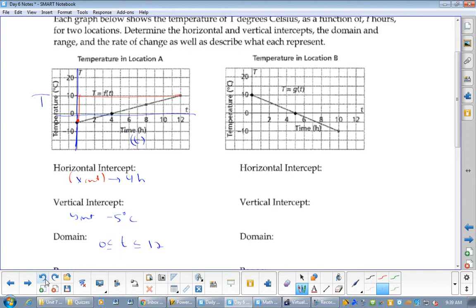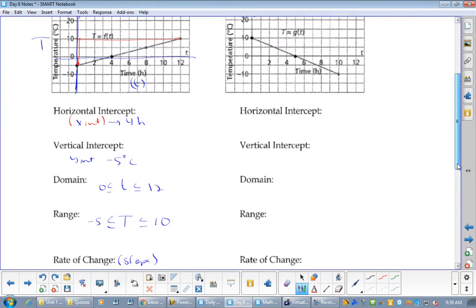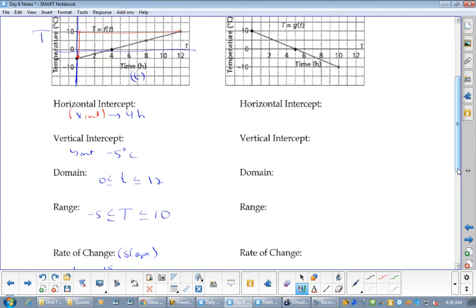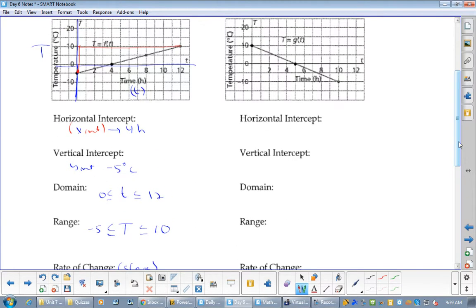So we want to just be using the best. Now, what would be the rise? 15. Very good. Okay, what's the run? Okay, 0. I'm not getting 6.